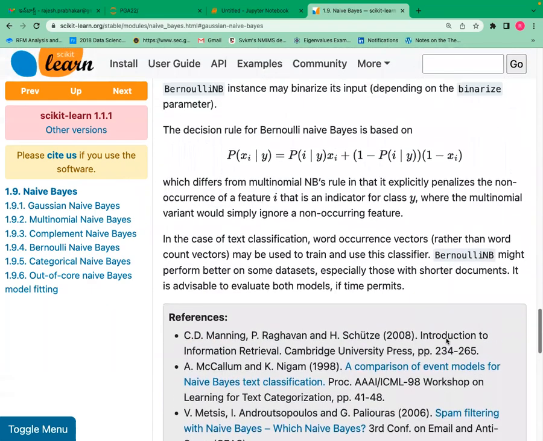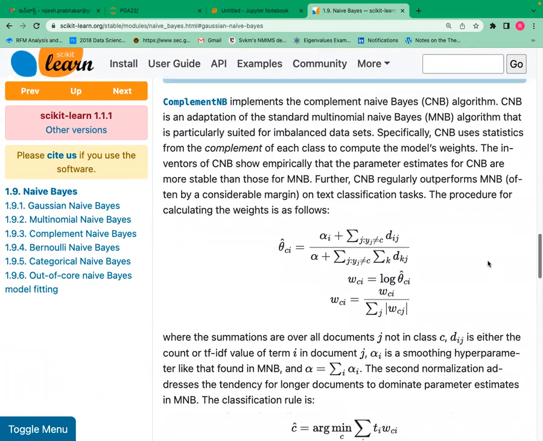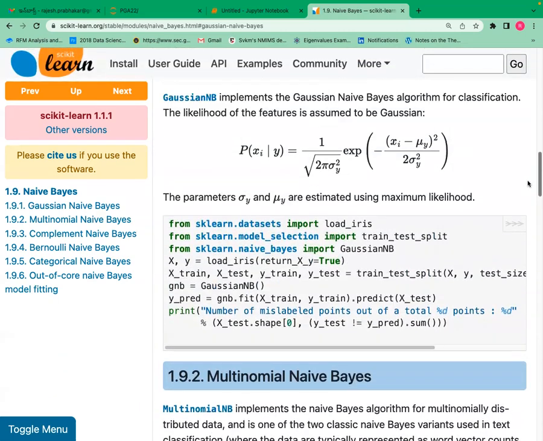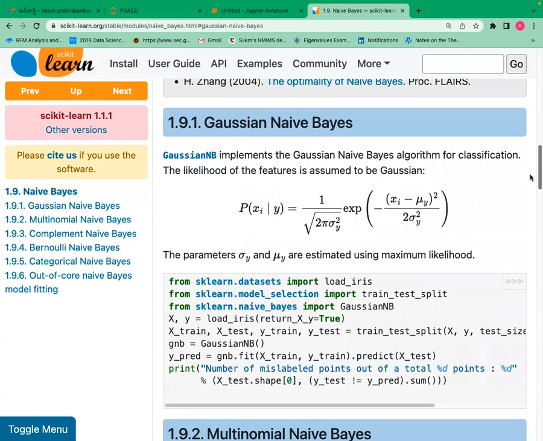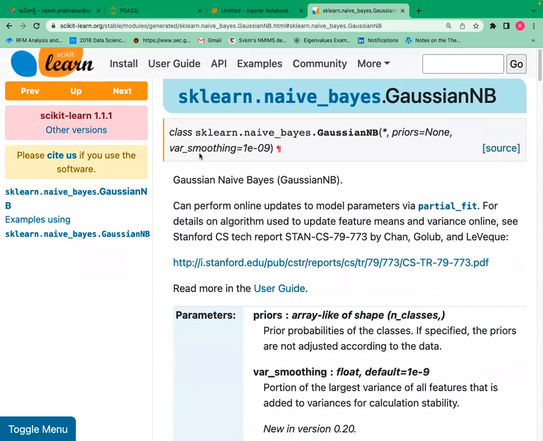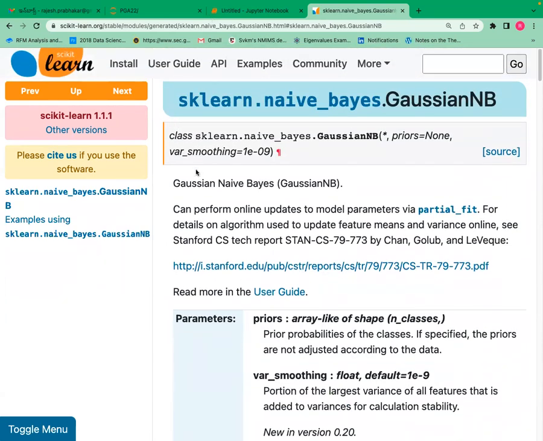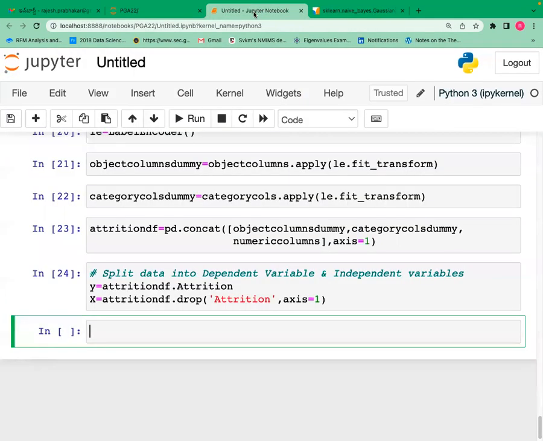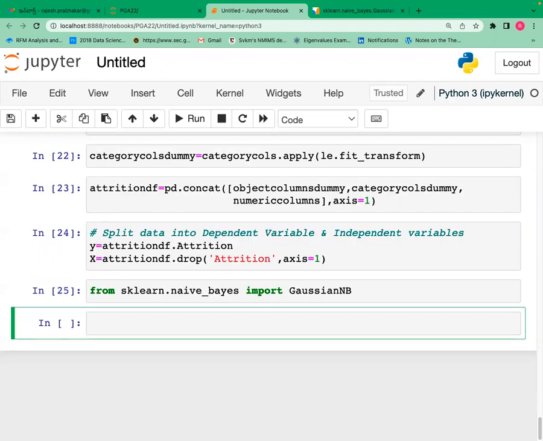So among the different naive Bayes variants we have in Python, there is Gaussian naive Bayes, which implements the Gaussian naive Bayes algorithm for classification. So we will be using Gaussian NB. From sklearn.naive_bayes import GaussianNB.